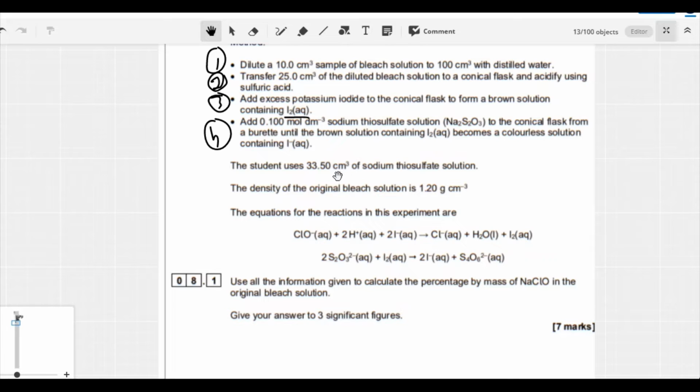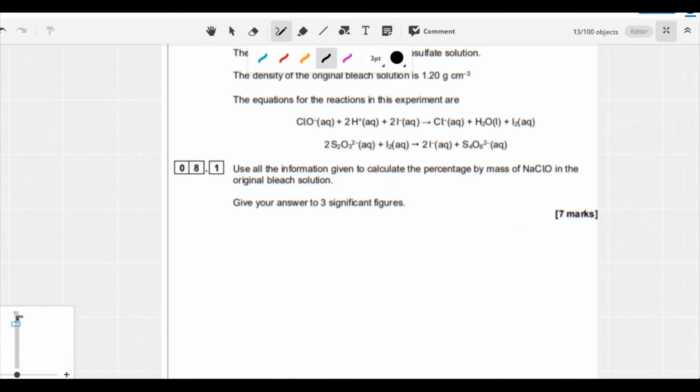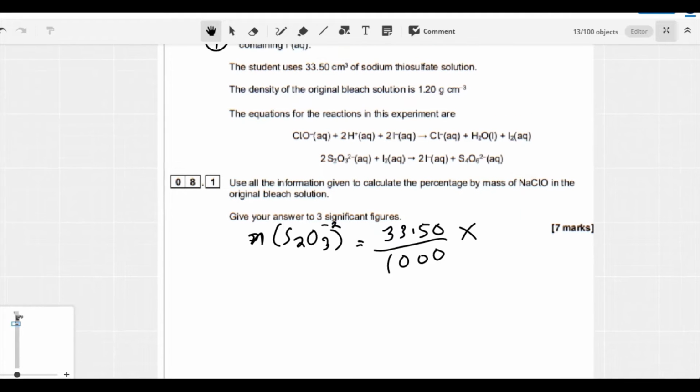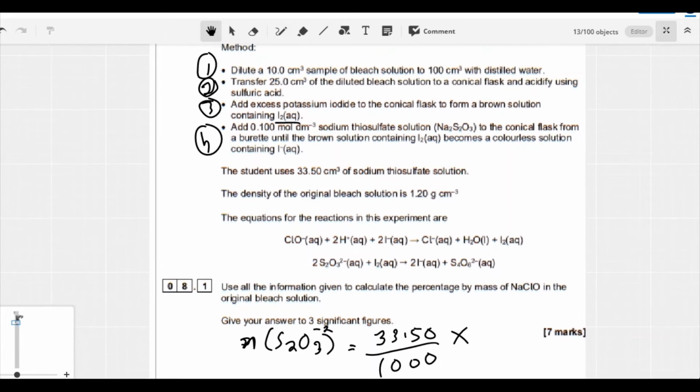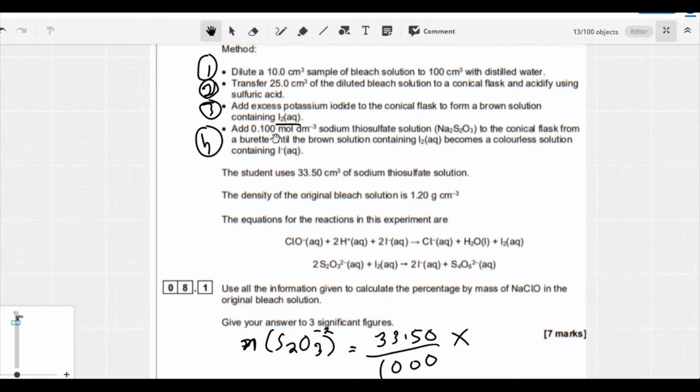So first we need to convert the volume from cm³ into dm³. Here I am going to write n for S2O3²⁻, which will equal 33.50 divided by 1000, times the concentration, which is 0.100 moles per dm³.